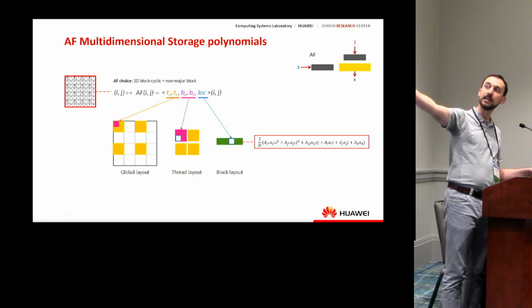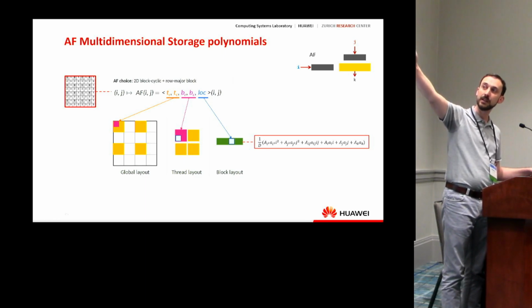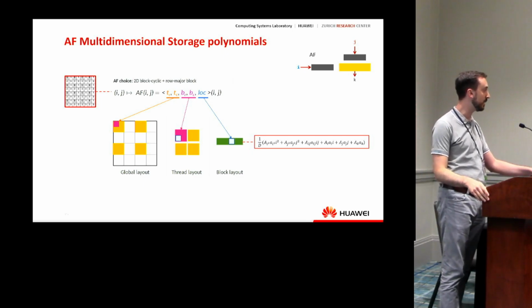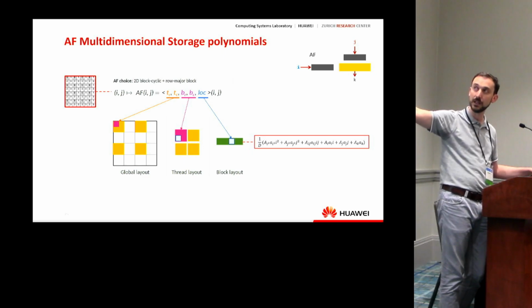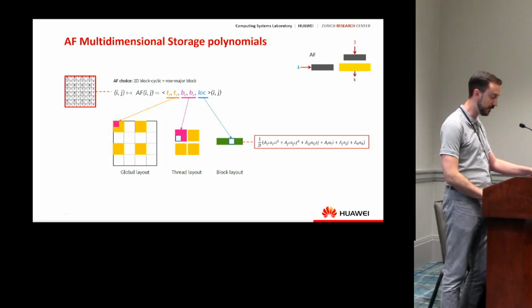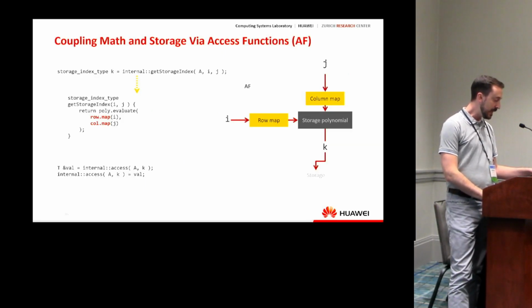The last dimension that you see there, the location, is effectively the sequential scalar storage polynomial that I was referring to in the previous slide. And so this is one component.